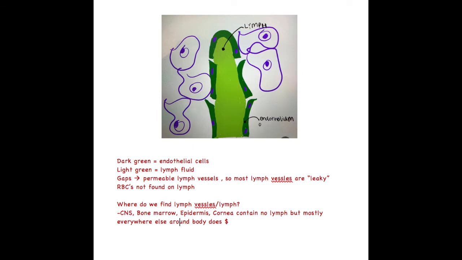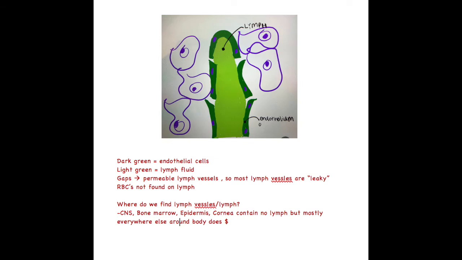Most lymph vessels are very highly permeable, and they're lined by simple squamous endothelium, like I mentioned, which is pictured here. Here's a picture of what a lymph vessel would look like. The dark green region which I drew are the endothelial cells, and the inside is where the lymph fluid is located. Right here I labeled lymph.